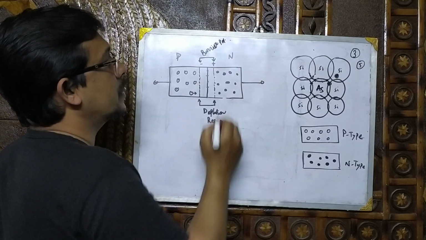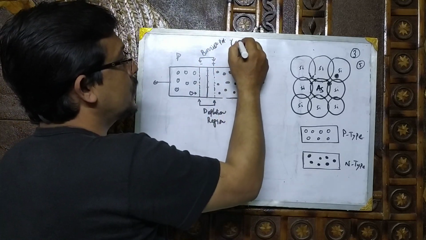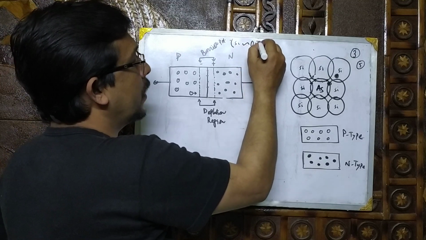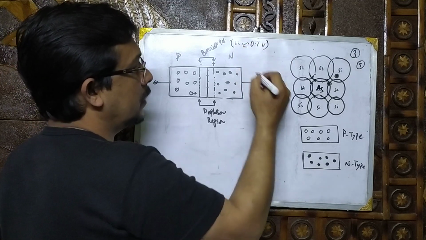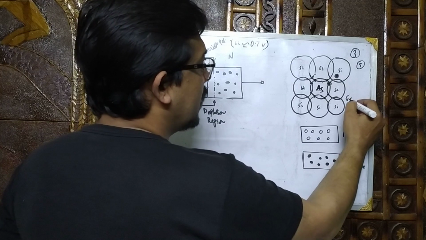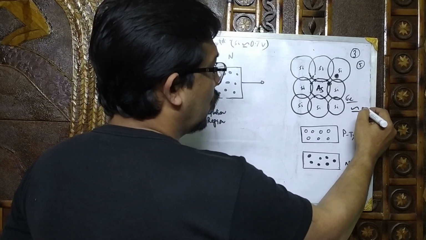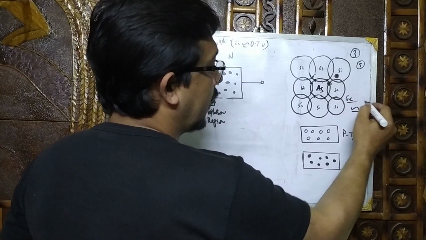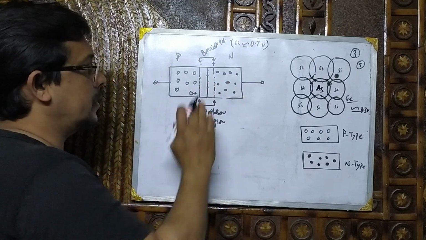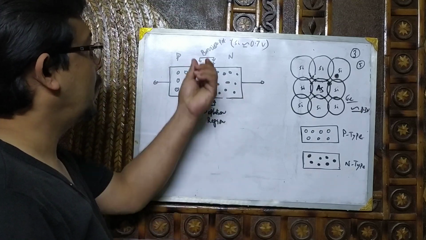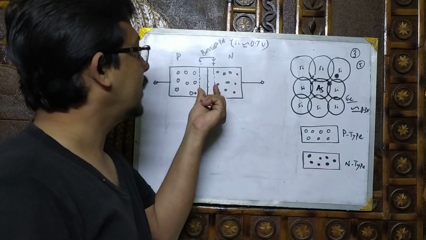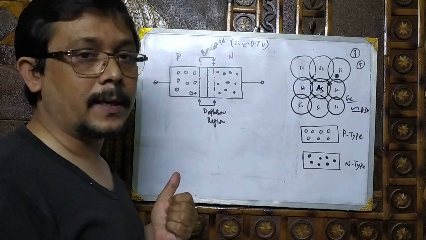And it is observed that the barrier potential in case of silicon is nearly equal to 0.7 volt, and if you consider germanium, then it is nearly 0.3 volt. So let me consider the silicon crystal. In silicon crystal, a barrier potential of 0.7 volt has been developed in the depletion region.